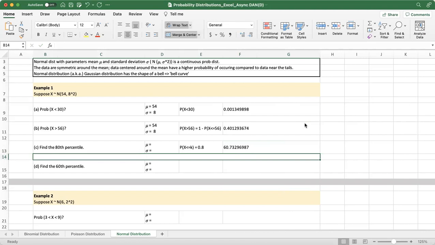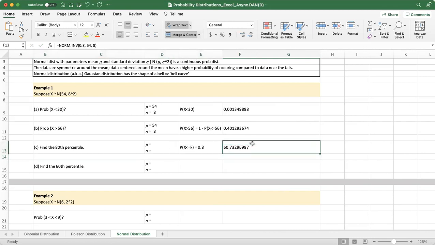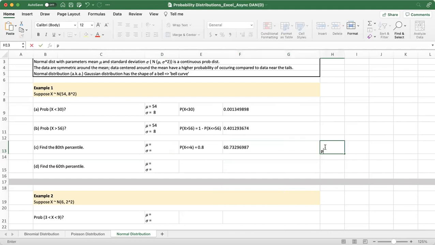So when you have a normal distribution with mean 54 and standard deviation 8, at the point 60.73, the probability of x being lesser than or equal to 60.73 will be equal to 0.8. So P of x being lesser than or equal to 60.732 is equal to 0.8.